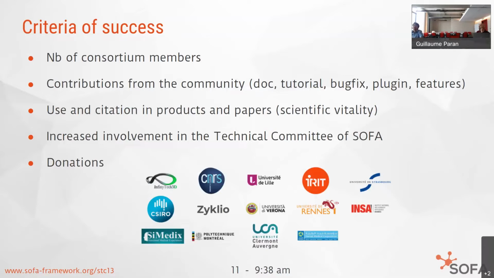So obviously, the number of partners, whether they're academic or industrial, most importantly, the contributions. Even if an industrial is not paying in any way for SOFA, if he's contributing, that's already quite a sign or an indicator for INRIA.